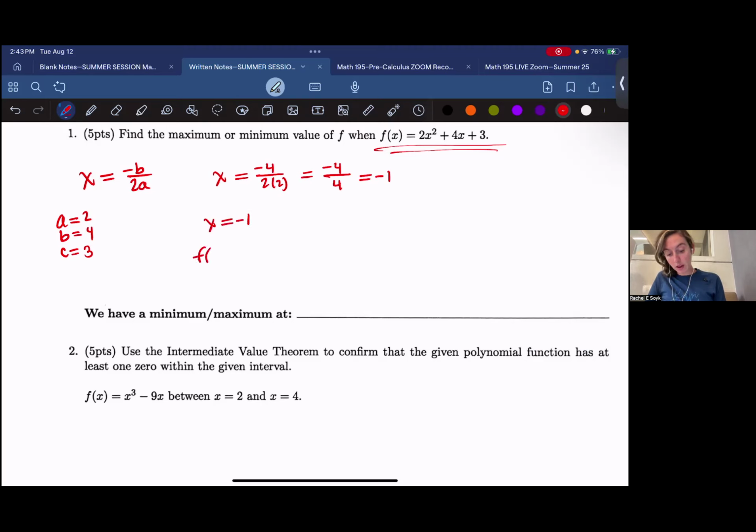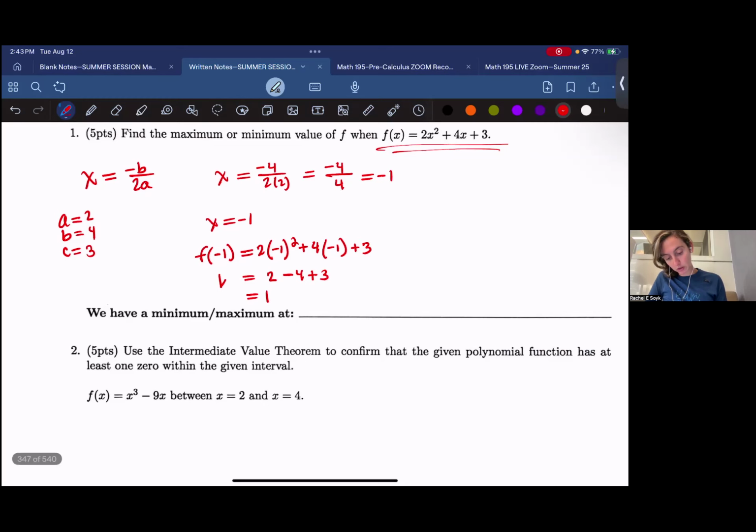Now let's evaluate our function at negative 1. And so we get 2 minus 4 plus 3, which gives us positive 1.